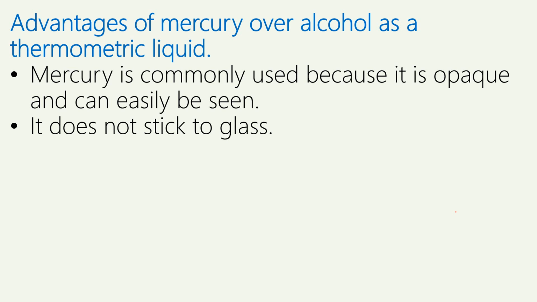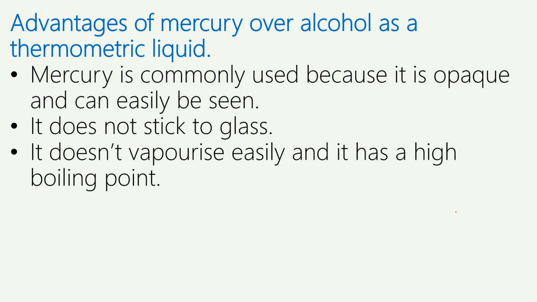That means the mercury column will have all the mercury that exists in that bore, in that given capillary tube. But for other liquids, those that have greater adhesion than cohesion, they can easily wet the glass. So the liquid column will not contain all the liquid, maybe all the alcohol that is in that capillary tube. Next, mercury doesn't vaporize easily.